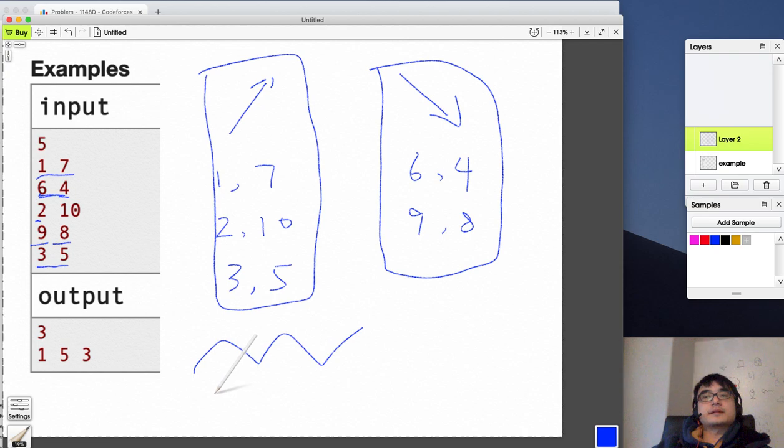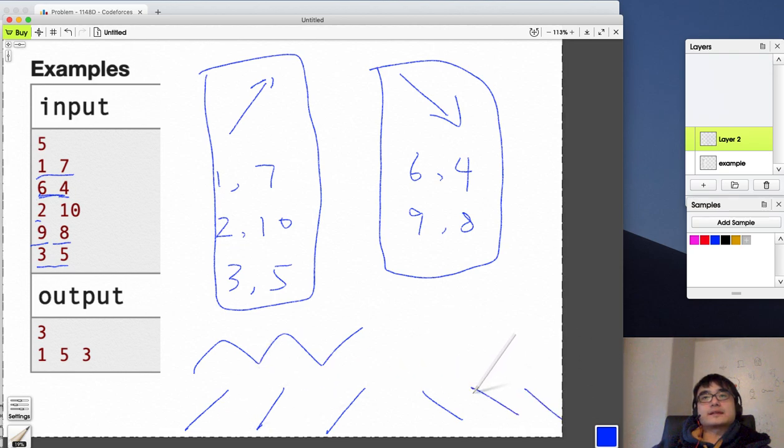It's either like this, right? In this case, we are choosing all the number pairs in the increasing set, right? Or we can choose all from the decreasing set like this.